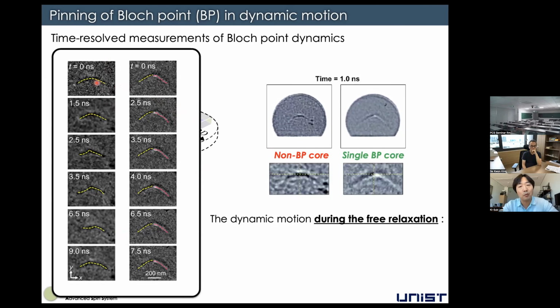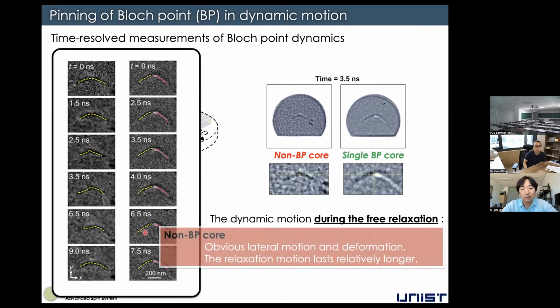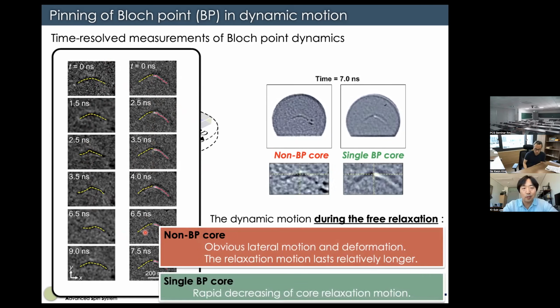First, for the non-Bloch point core, you can clearly see the very large fluctuations of the core structure. But for the second one, you cannot see the large fluctuations. Okay, I hope you can see the big differences between the core relaxation process with and without the Bloch point.